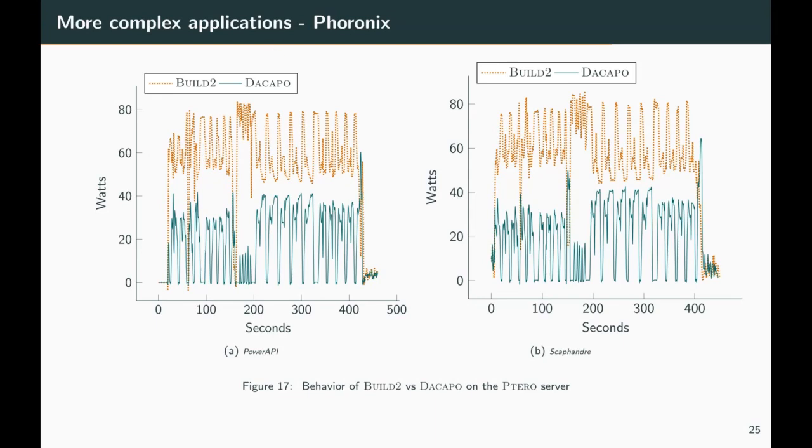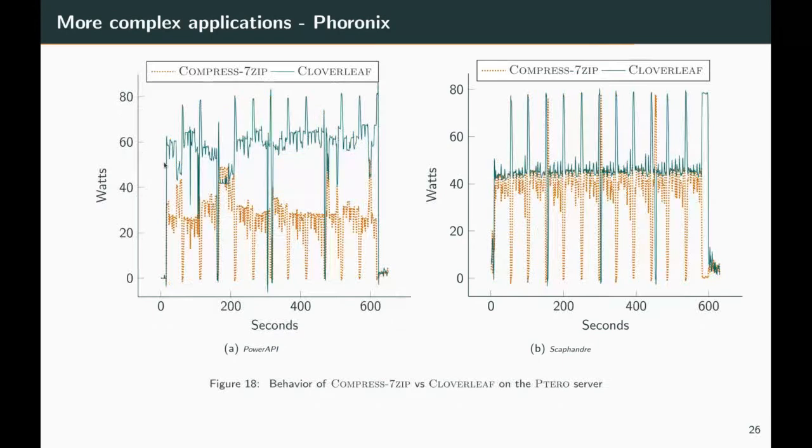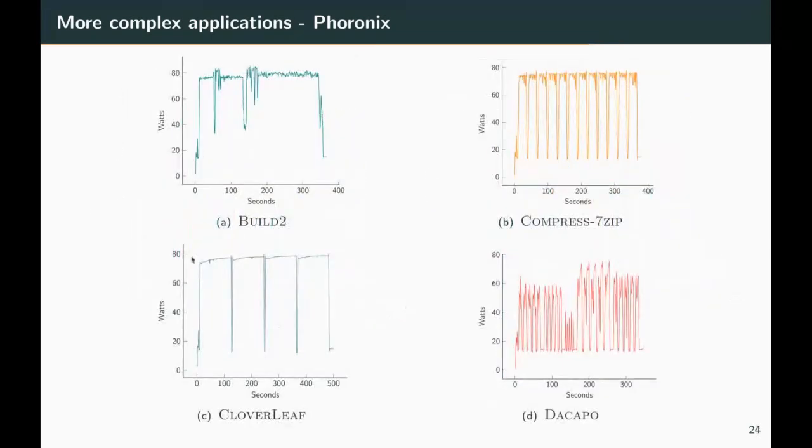But still, here we have the same observation on PowerAPI and Scaphandre. The behavior of the energy consumption does not follow the behavior of the application. And here, with compress 7-zip and Cloverleaf, Cloverleaf with 4 plateaus and compress 7-zip with, let's say, 10 plateaus, we have a difference between PowerAPI and Scaphandre.